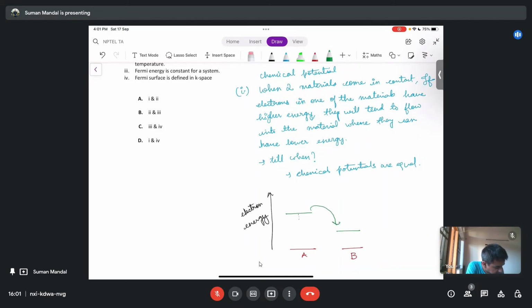So this will start decreasing and this will keep increasing. Once these two are equal, there is no more electron transfer, so equal chemical potentials.